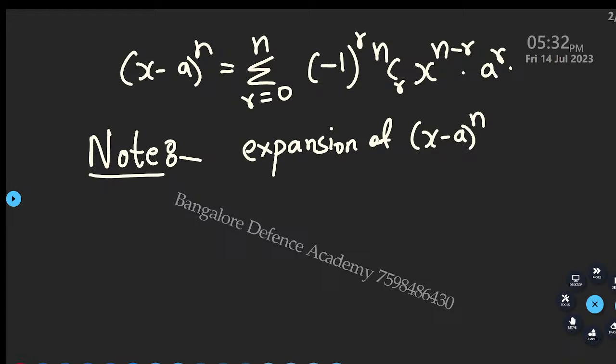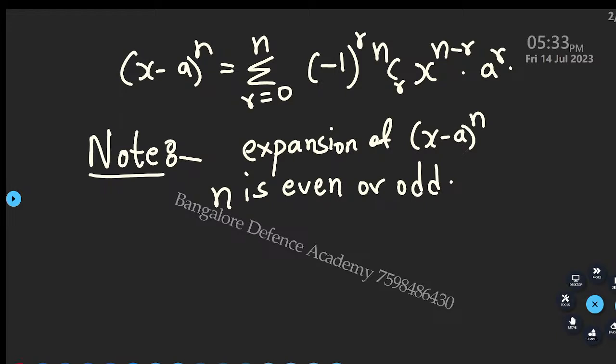The last term is positive or negative according as n is even or odd.